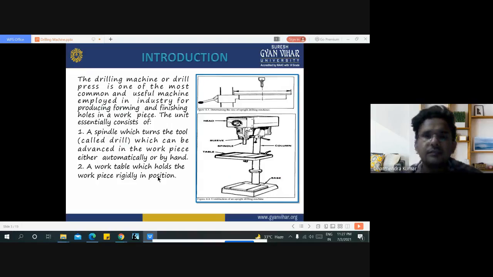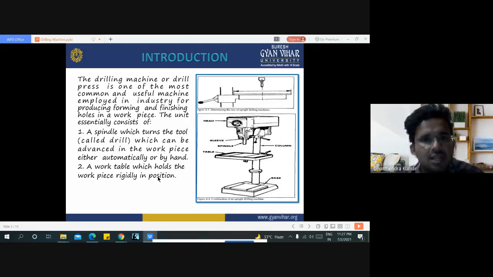This is the basic introduction about the drilling machine. The drilling machine or drill press is one of the most common and useful machine processes in industry for producing, forming and finishing holes in a workpiece.